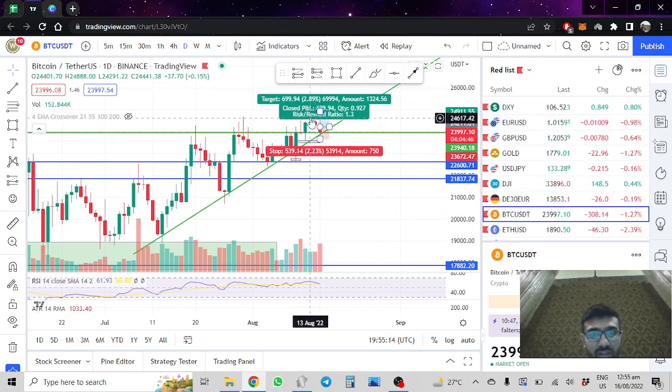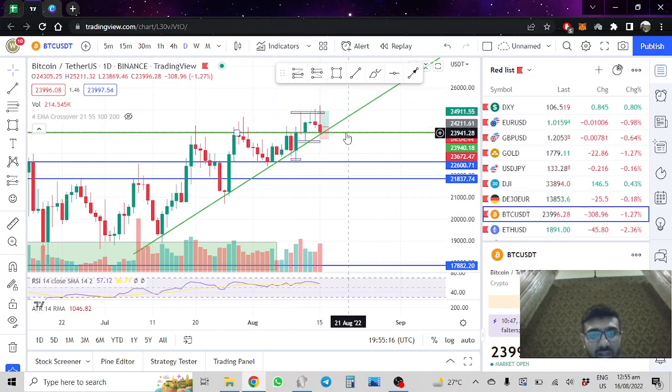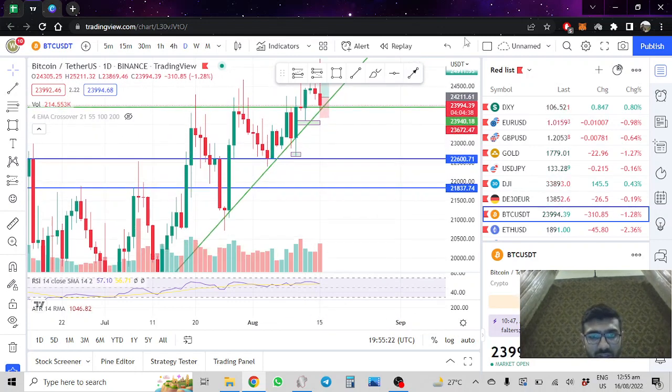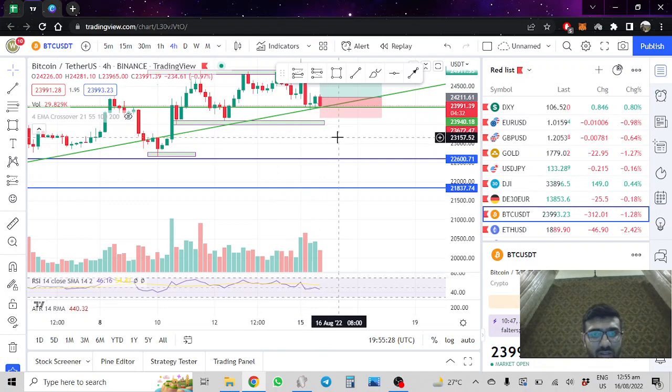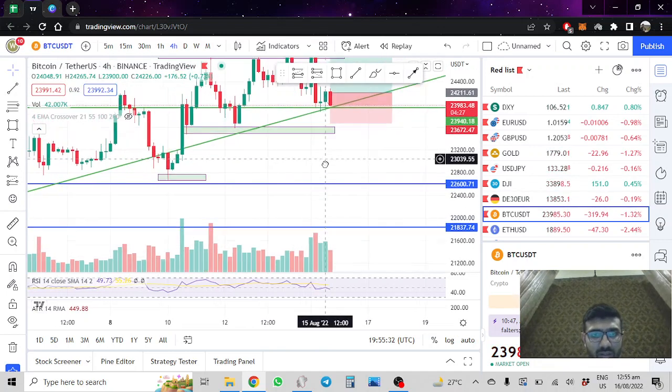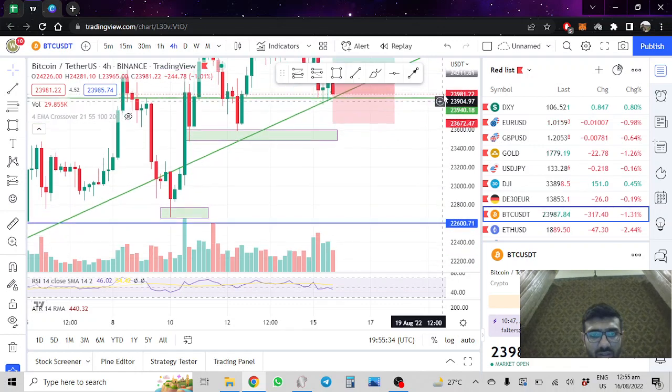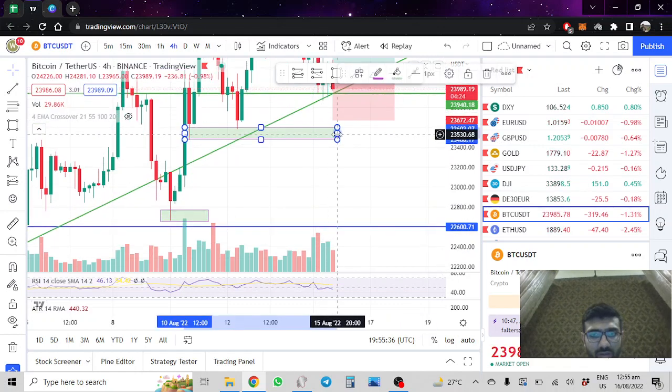It is making constant wicks, and we might observe this area of interest, or yes, this area. This is the liquidation low in the 4 hour. Yes, I have marked this area already. Okay, so let's see if this area is tested tomorrow.